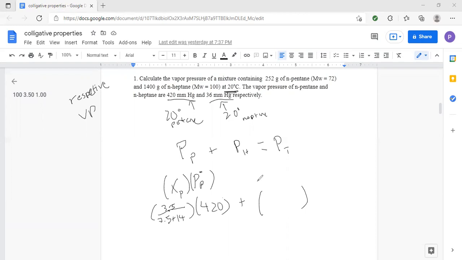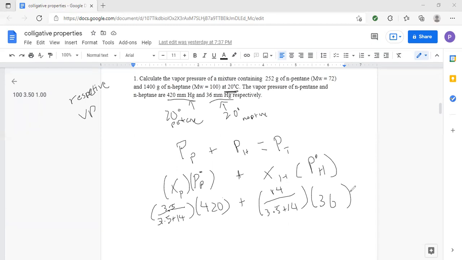Plus the mole fraction of heptane times its pure pressure at 20 degrees Celsius. So this is going to be 36, and this is going to be, well, 3.5 plus 14 is total moles. And then the moles of just the heptane are 14.